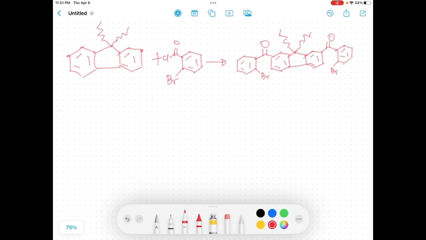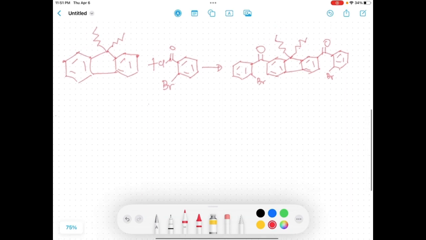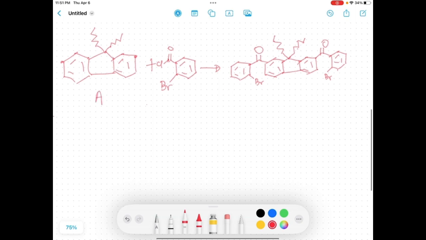So now first of all, find the limiting reagent, like which molecule we can use in little excess, that cannot be the limiting reagent. Suppose here this is molecule A and B and your product is C. The one which is in little excess cannot be the limiting reagent.